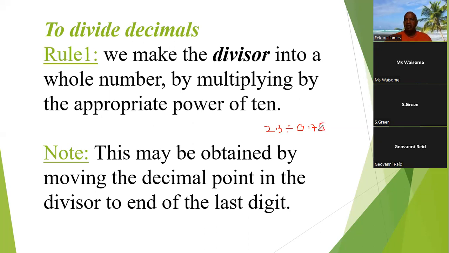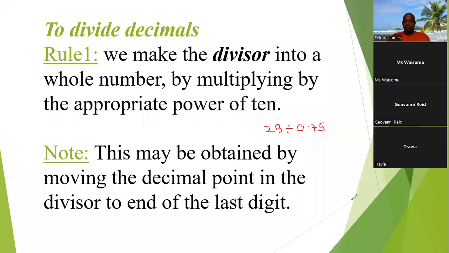Now, which of these numbers would be the divisor? The one on the right, 0.75. Does anybody else agree that 0.75 would be the divisor?